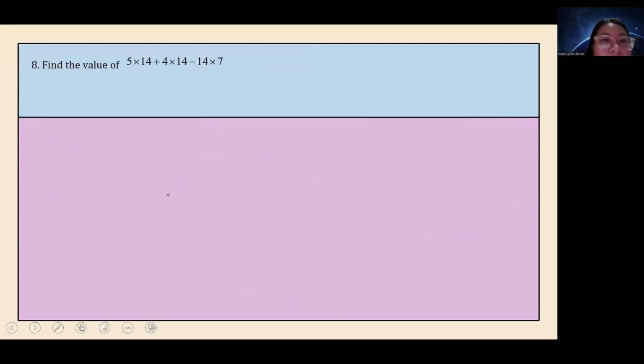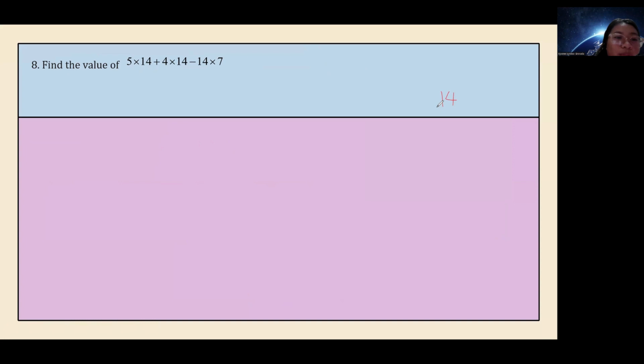Find the value of 5 times 14 plus 4 times 14 minus 14 times 7. Now, if we look at our numbers, there is one repeating number, right? Which is 14. And our operations are multiplication, addition and subtraction.